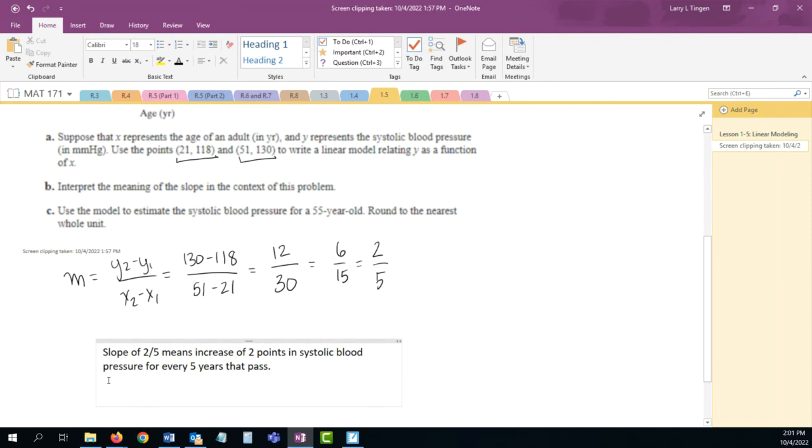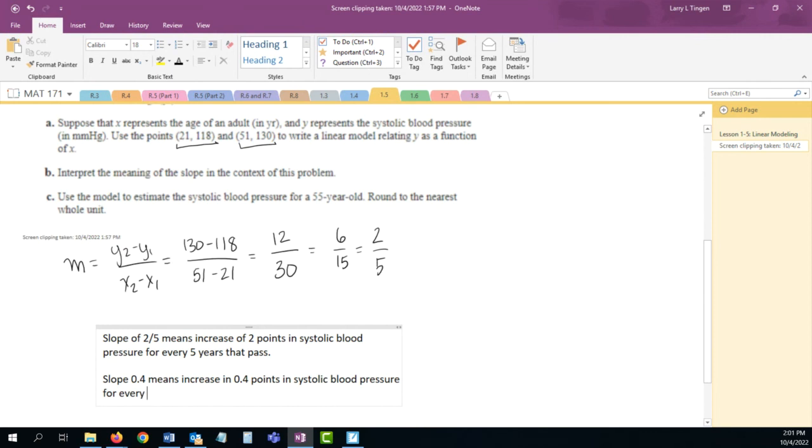You can do 2 divided by 5 and end up with a slope of 4/10. And that would mean an increase of 0.4 points in systolic blood pressure for every year that passes.